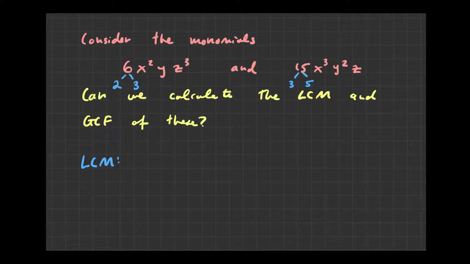If I wanted to find the LCM of 6 and 15, what am I trying to do? Yeah. So I'm looking for the lowest common multiple of both of these numbers. So how do the prime factors factor in here?